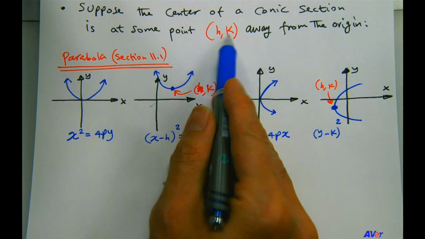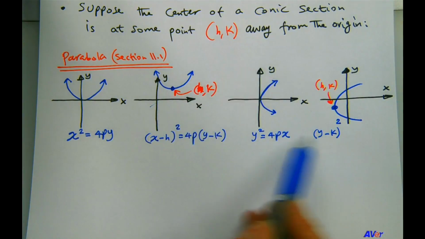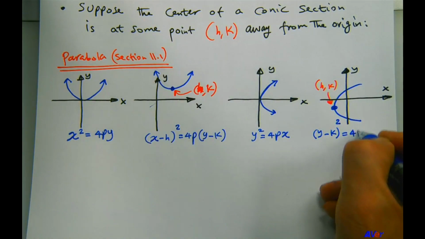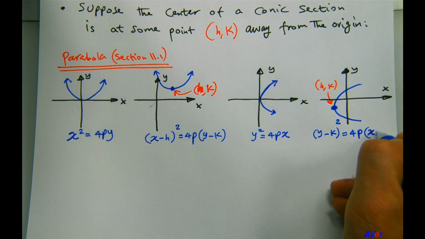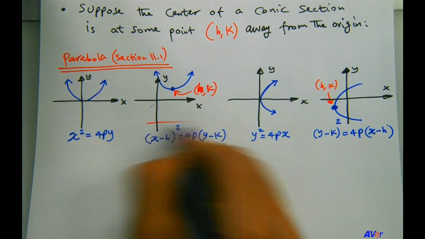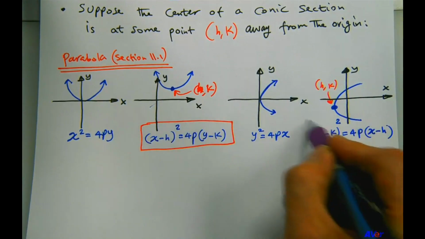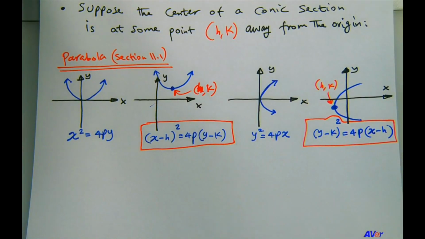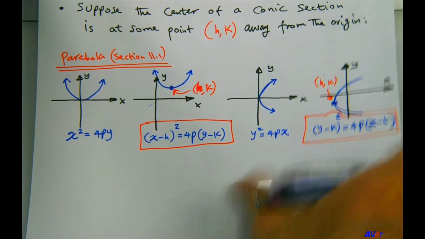Again, k is associated with the y, right? And h is associated with the x, equals 4p times x minus h. And let me box these new formulas like that. Okay, so that's how we adjust the formula.